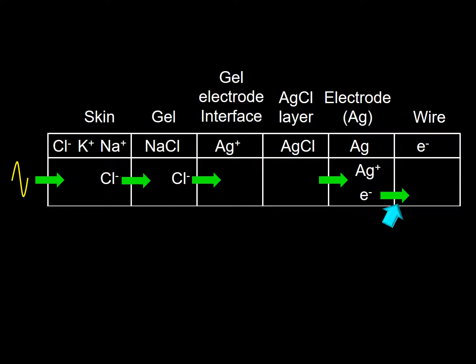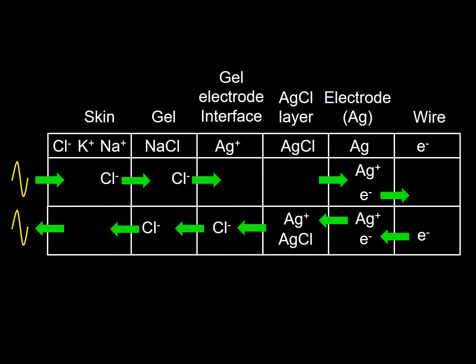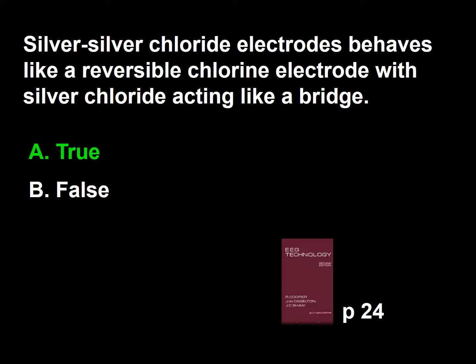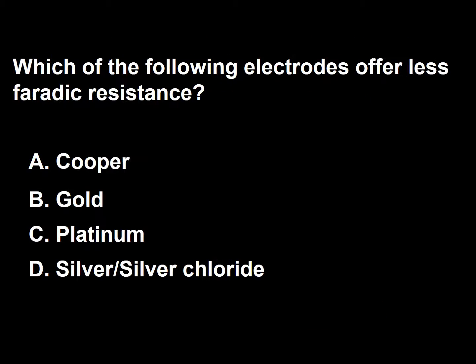The wire carries the electrons to the amplifiers. The same occurs, but in the other direction, when electrical activity from the EEG machine is transported to the scalp. So the answer to this question is true.